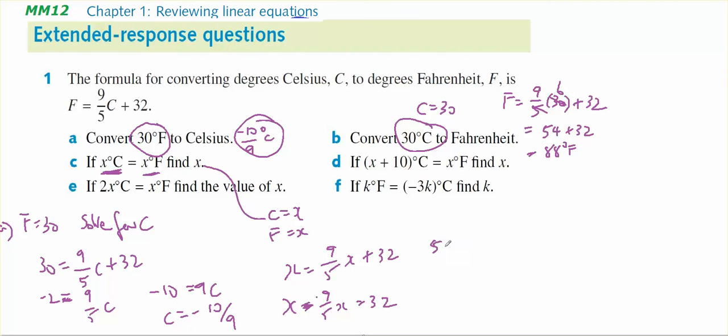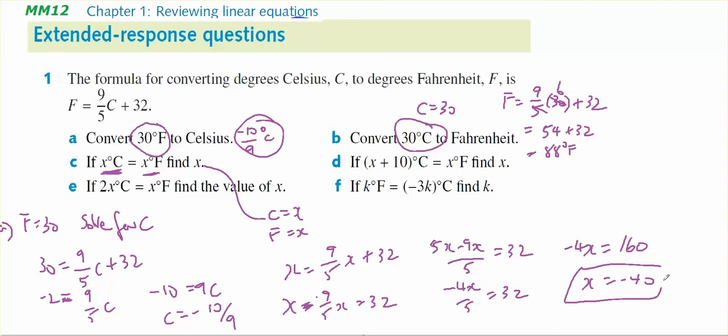And I've got 5X minus 9X on 5 equals 32, minus 4X on 5 equals 32. Move the 5 over, multiply, 5 times 32 is 160. X equals negative 40. So negative 40 degrees Celsius is the same temperature as negative 40 degrees Fahrenheit. You sub in negative 40 there, C has to equal negative 40.